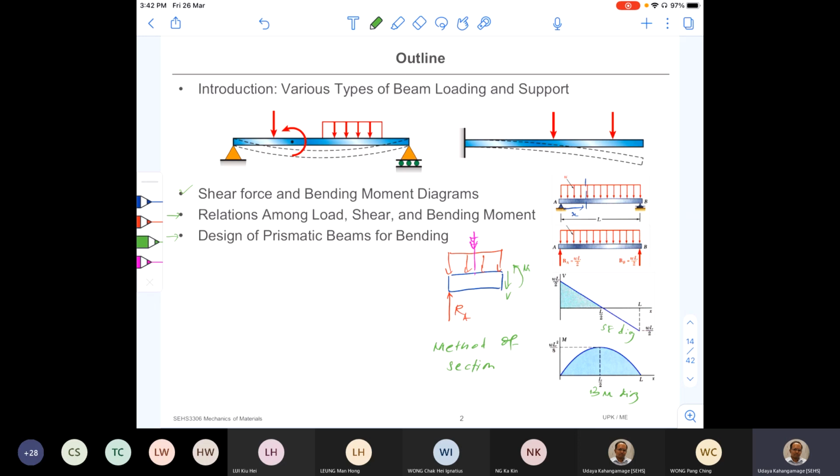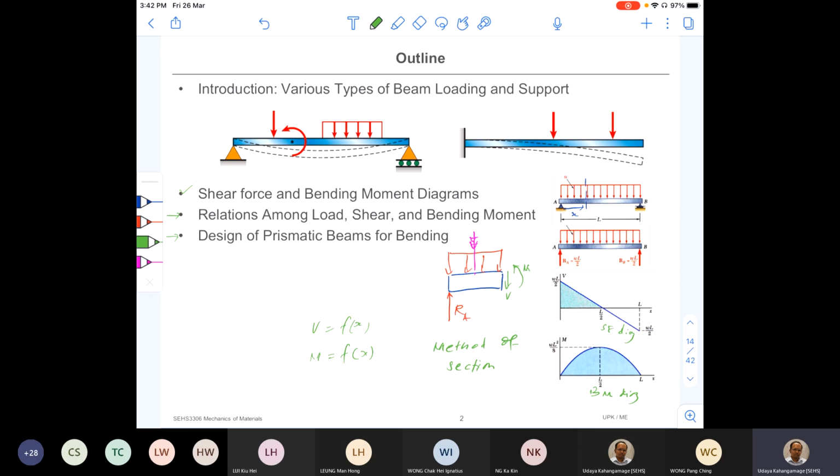Therefore, the function for shear force, which is a function of x, right? And also the bending moment, M. We need to write these functions between discontinuities, right? So depending on the number of discontinuities, we have to write several equations.